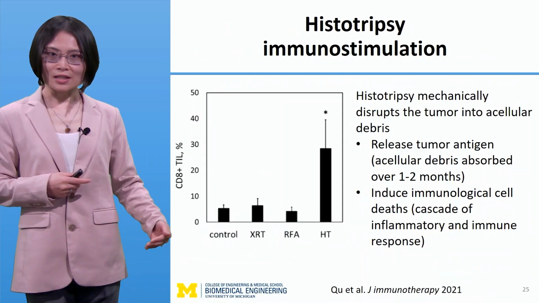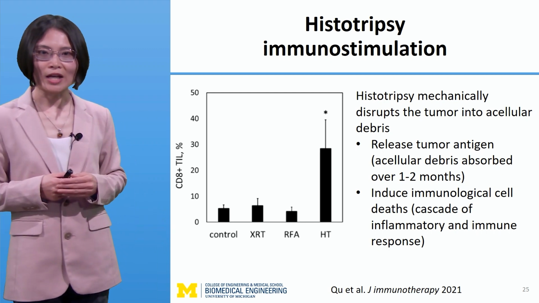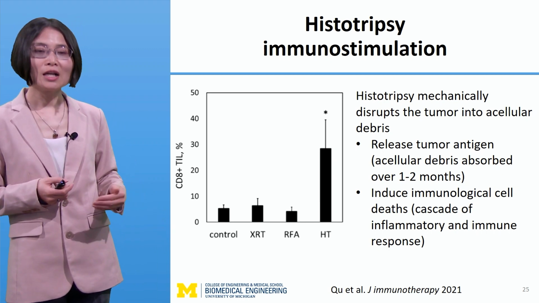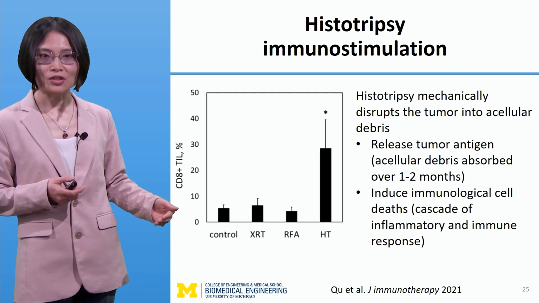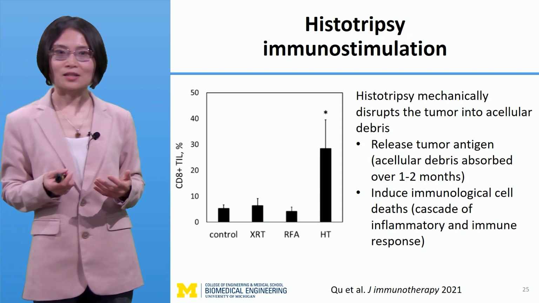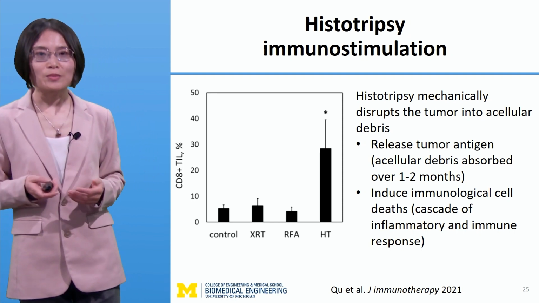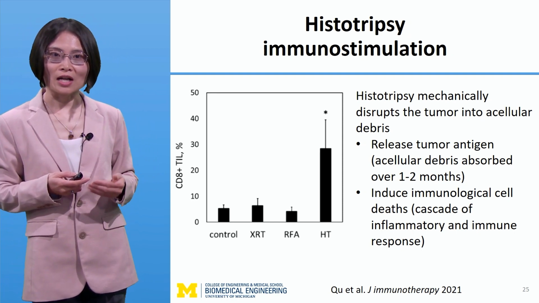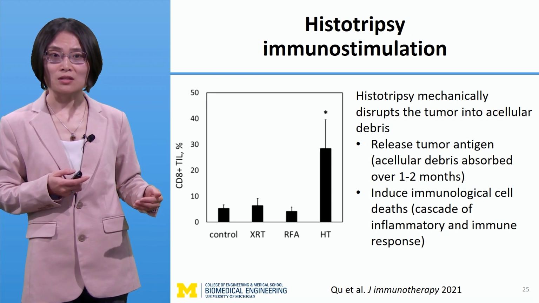In previous slides, I talked about some of the work we have done showing that partial histotripsy ablation in the liver tumor model leads to complete tumor regression. So what's the mechanism? Histotripsy has been demonstrated to stimulate immune response.